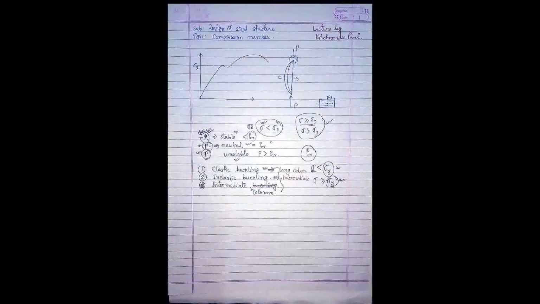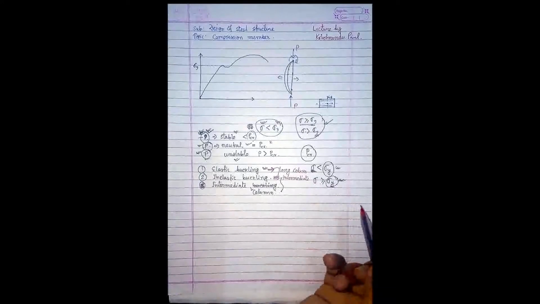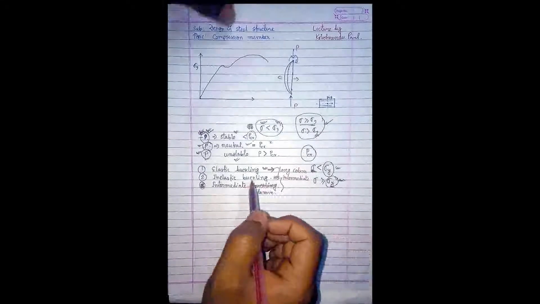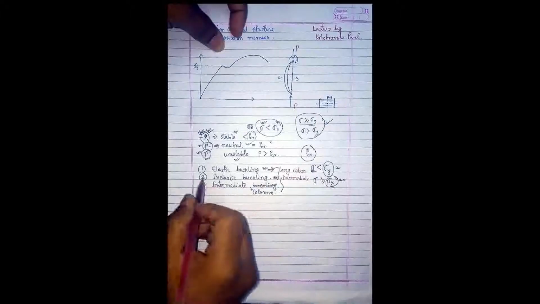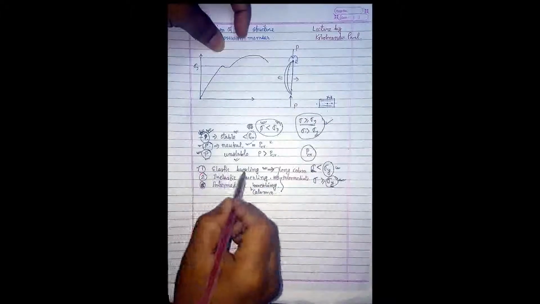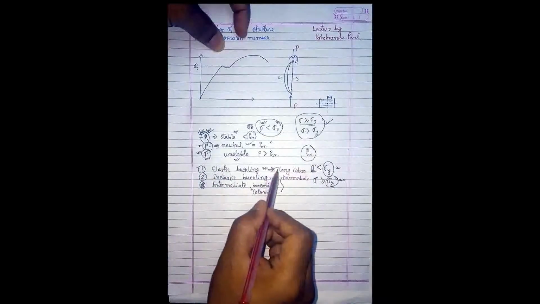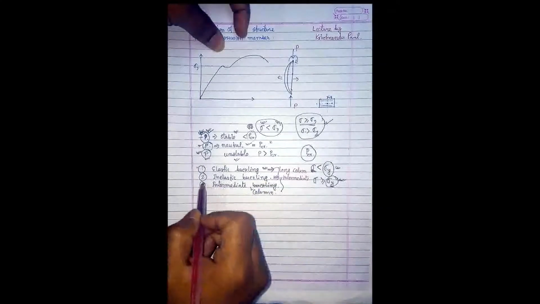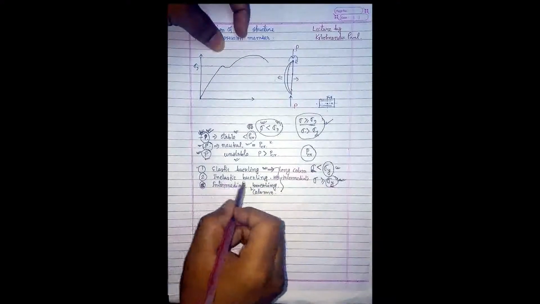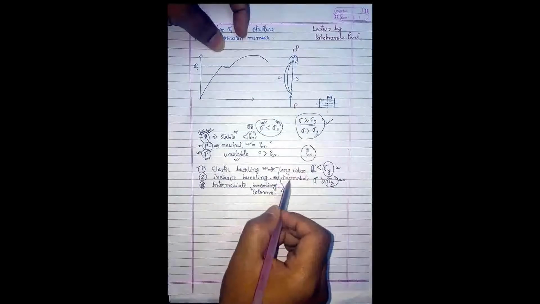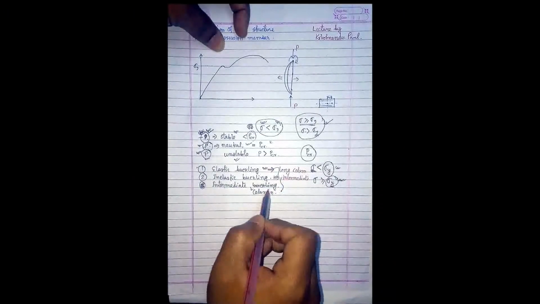Now, due to a technical problem, the camera was stopped. I have written a lot of things here, so let me explain. Buckling will be of two types. The first is elastic buckling, seen in long columns, and the second is inelastic buckling, seen in intermediate columns.